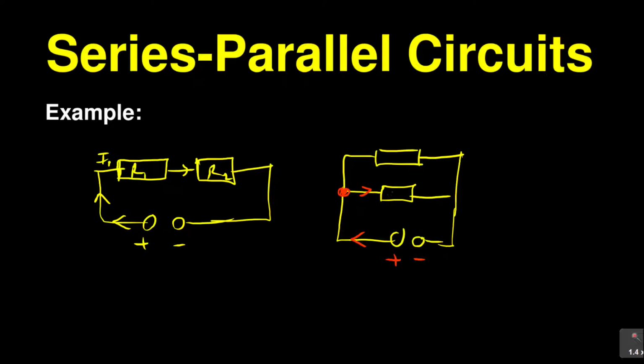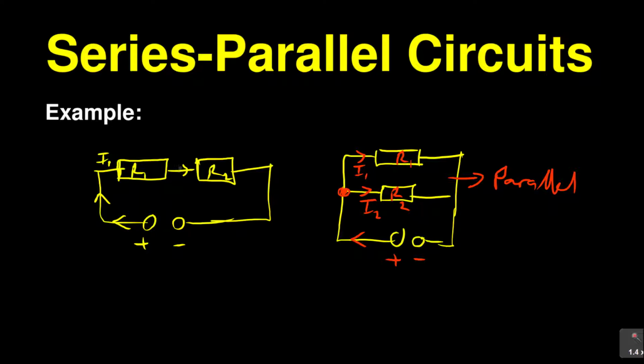Some of it will go to resistor R2, so this will be current I2, and some of it will go through resistor R1, and we can call it current I1. So you can see that these two resistors have different currents. If resistor 1 has a different current from resistor 2, we are saying these resistors are in parallel.